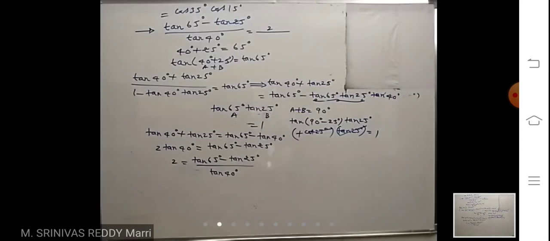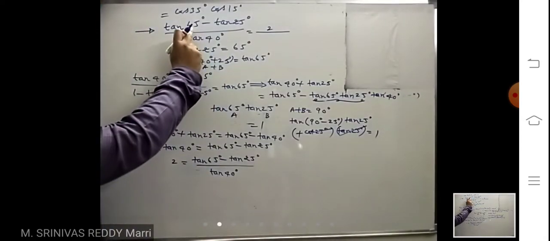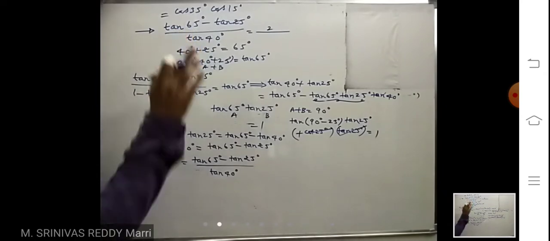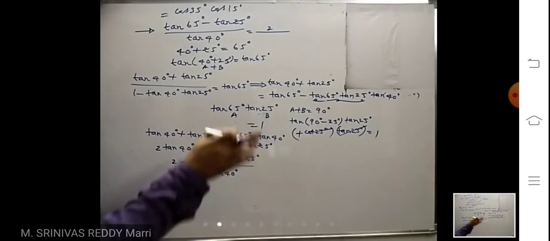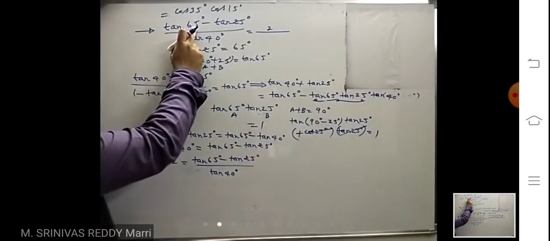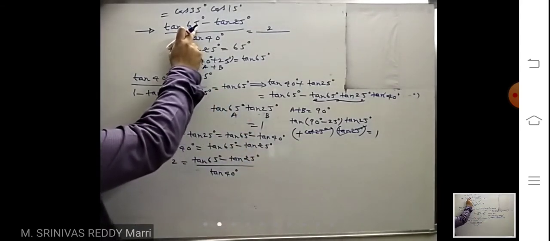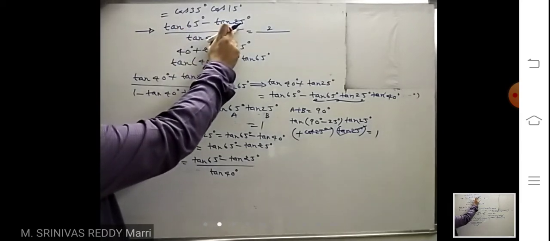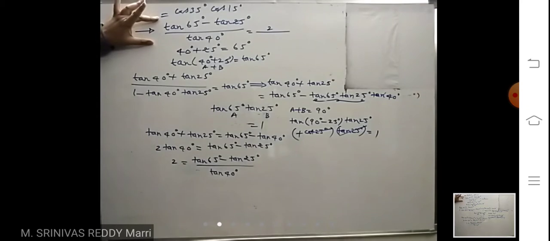Look at tan 65 degree minus tan 25 degree divided by tan 40 degree.